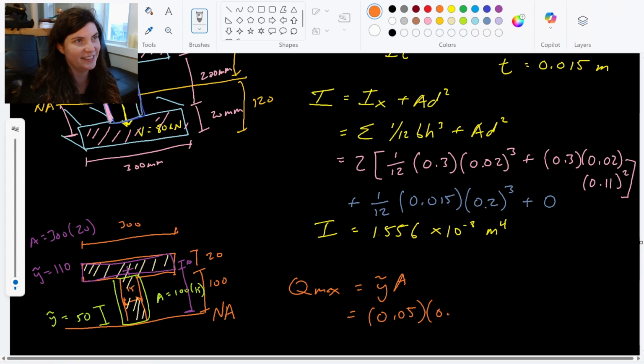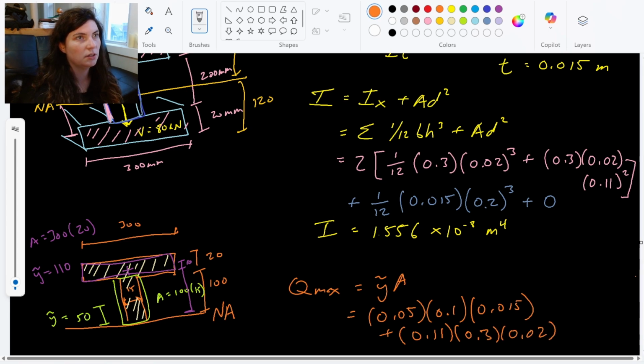All right, 0.1, not 100, and then it was times 15 millimeters, so 0.015, plus our second one, our purple rectangle on top, y tilde is 0.11, and then the area is 0.3 times 0.02. That's our full Q equation.